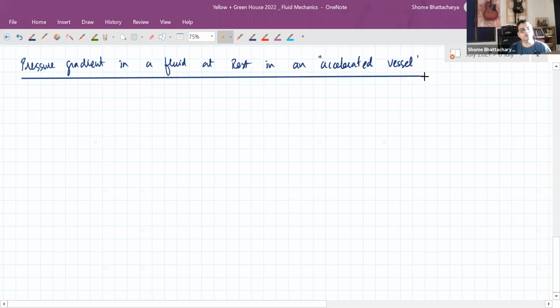So going back to Newton's laws of motion, an accelerated vessel becomes a non-inertial frame. So the first case we will see is where we are in a vertically accelerated tank or vessel, whatever.